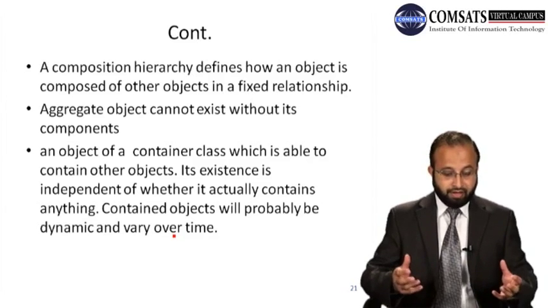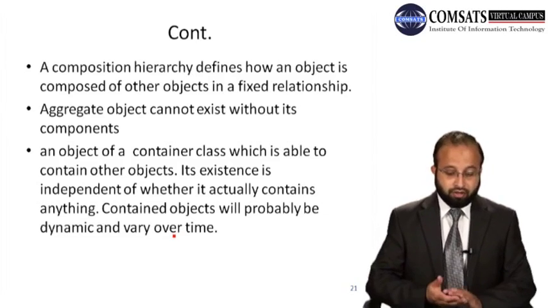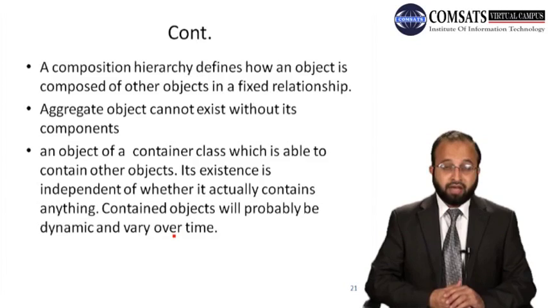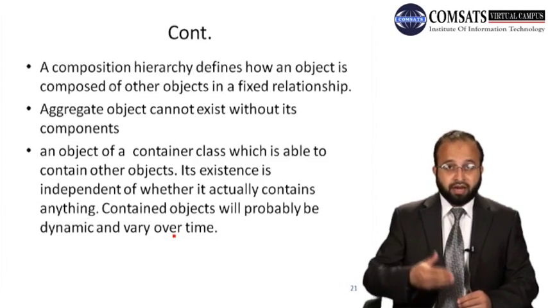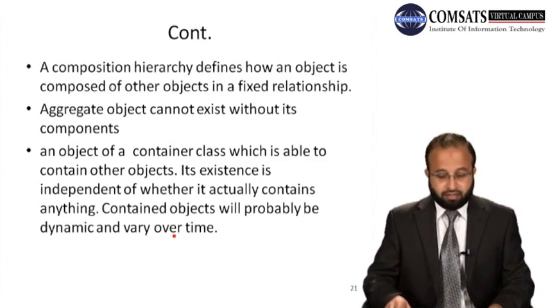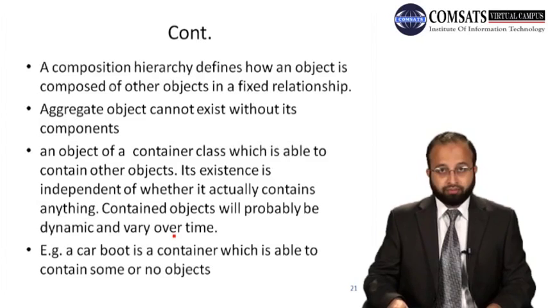So here the container class basically represents the aggregate object, because the object of a container class is the object that actually consists of the objects of other classes, right? For example, a car boat is a container which is able to contain some or no objects.